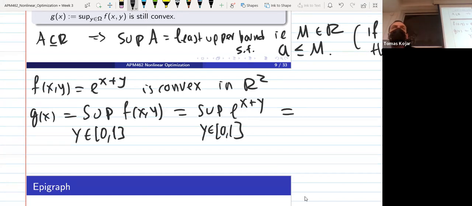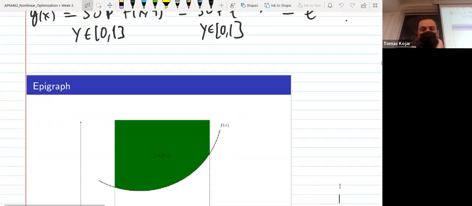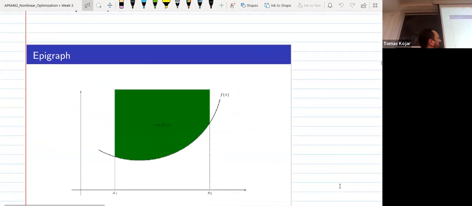Yeah, exactly. So the maximum happens at 1. Perfect. So that's g of x. Good. All right. Zoom. Okay. That's the picture, the epigraph. All right. I took it from Wikipedia.